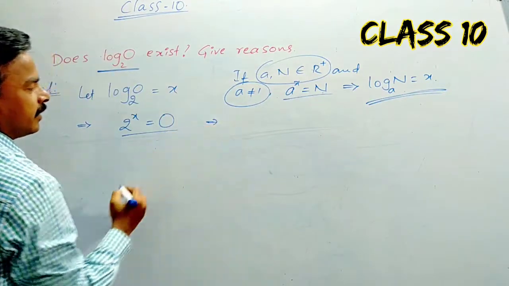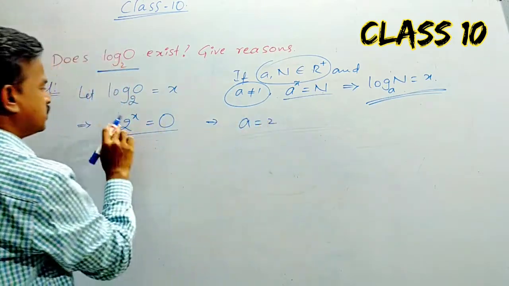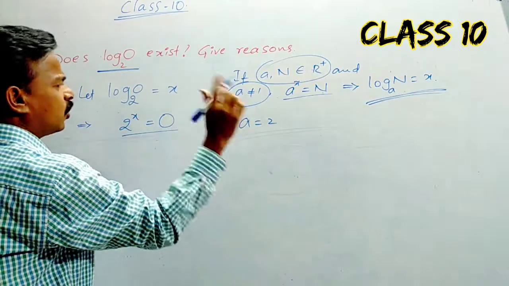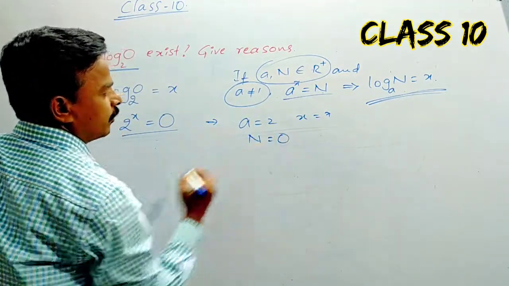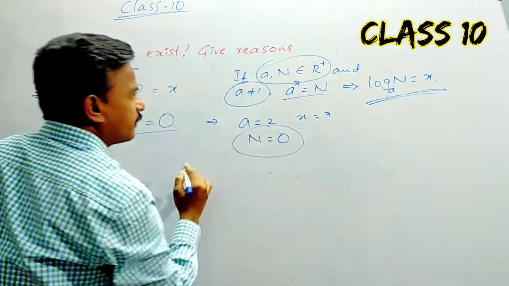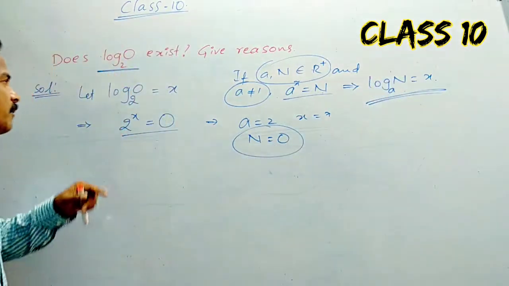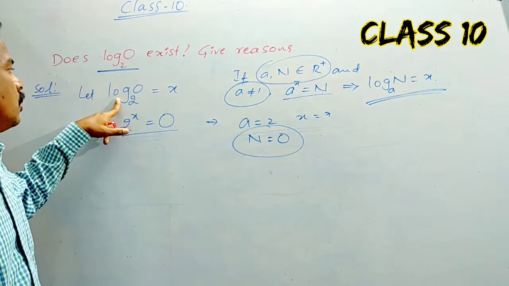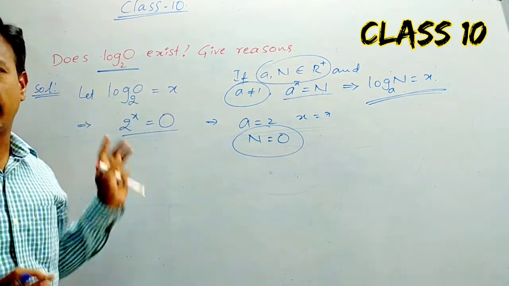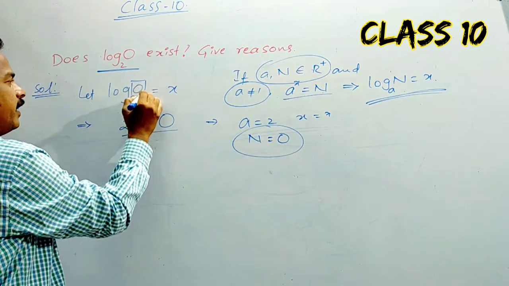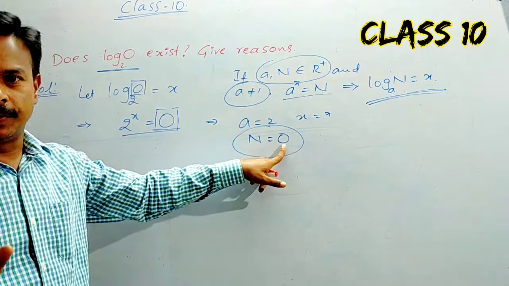By comparing, here the base a is equal to 2, in place of x only x, and in place of n, 0. Of course you can compare this logarithmic form with the exponential form also, no problem. Here a is equal to 2, n is equal to 0, x is equal to x. So n is equal to 0.